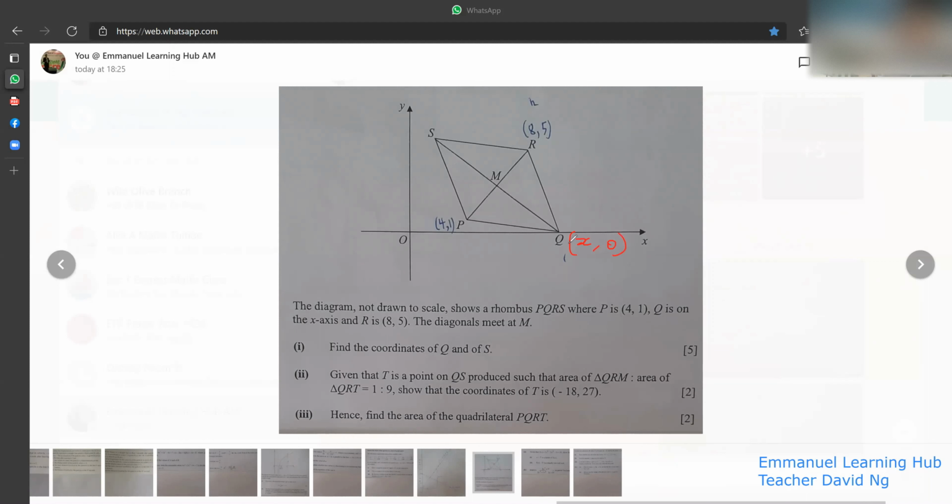The coordinates of Q is x0. And R is 8, 5 is given. The diagonals meet at M. So you can find the coordinates of M immediately. Midpoint of R and P. Midpoint of R and P is your coordinates for M. So your coordinates for M is 6, 3.